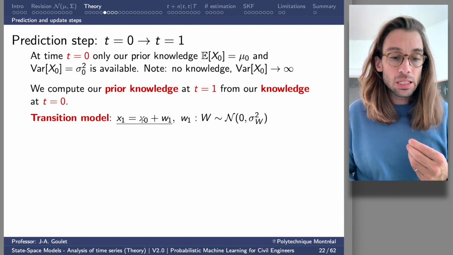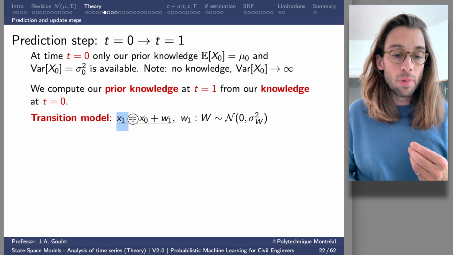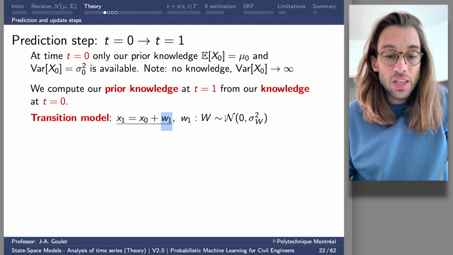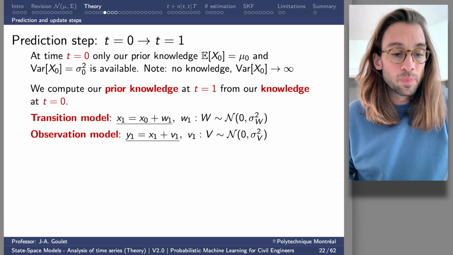Okay? This links my knowledge x0 to my knowledge x1 by saying x1 is x0 plus w1, where keep in mind w1 is the realization of that Gaussian random variable, 0 mean, variance sigma w squared.